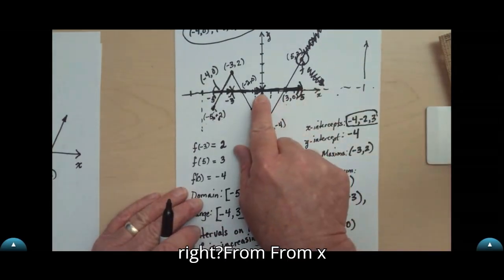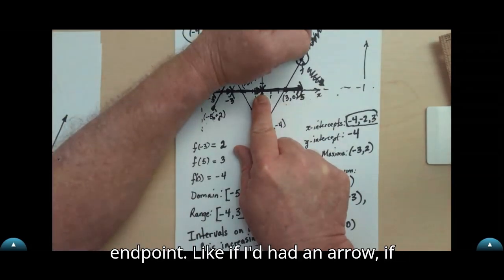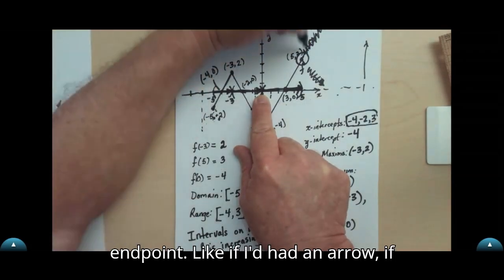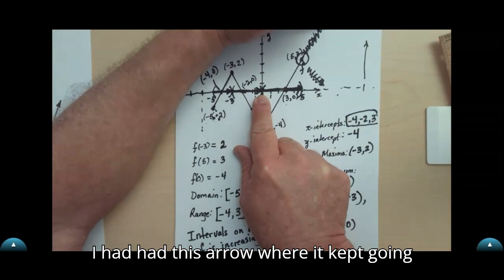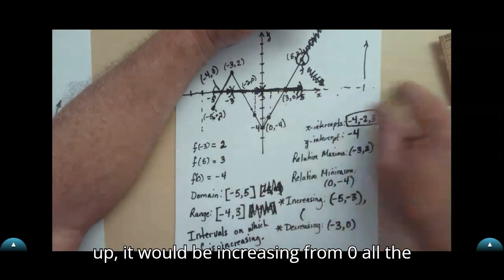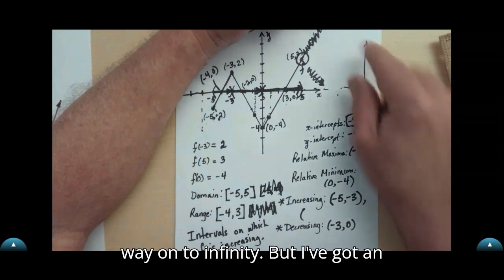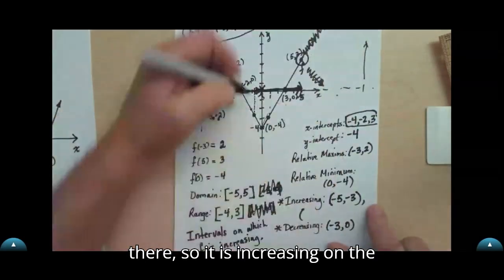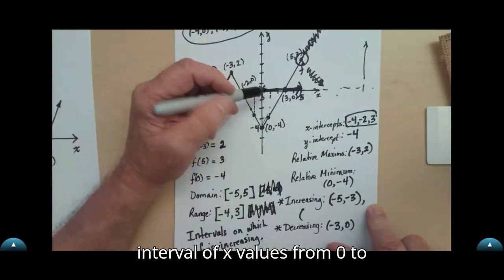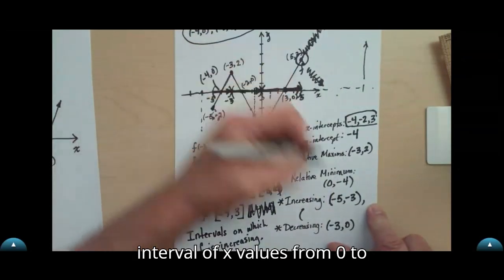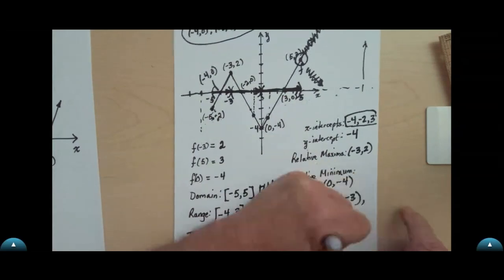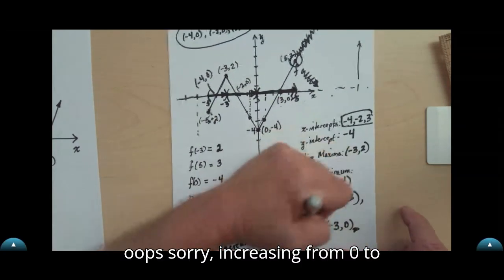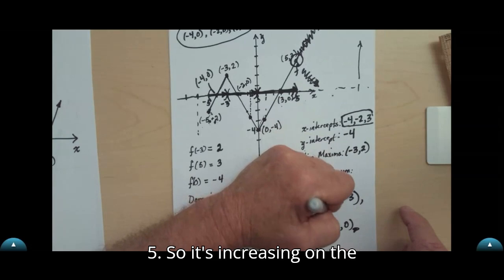Remember, this is an end point. Like if I'd had an arrow where it kept going up, it would be increasing from 0 all the way on to infinity. But I've got an end point, so the graph totally stops there. So it is increasing on the interval of x values from 0 to 5.